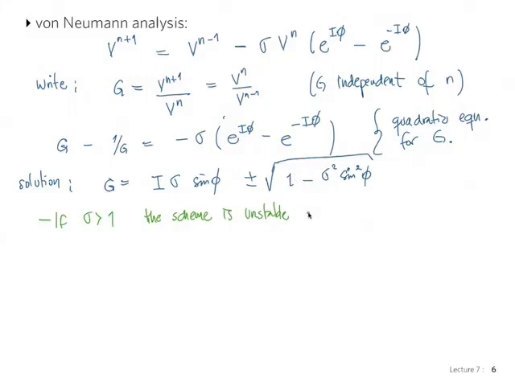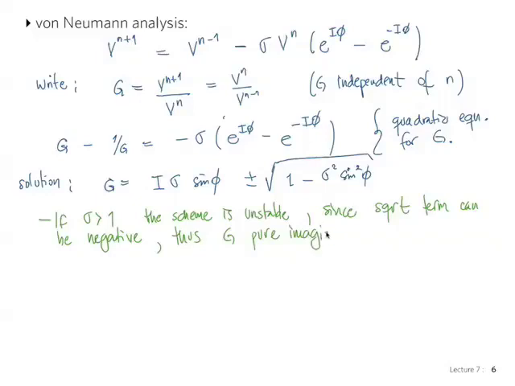So let's see. It's best, you can see it if phi was equal to pi half, for example. So the square root term can be negative, thus G pure imaginary, and magnitude of G greater than 1.